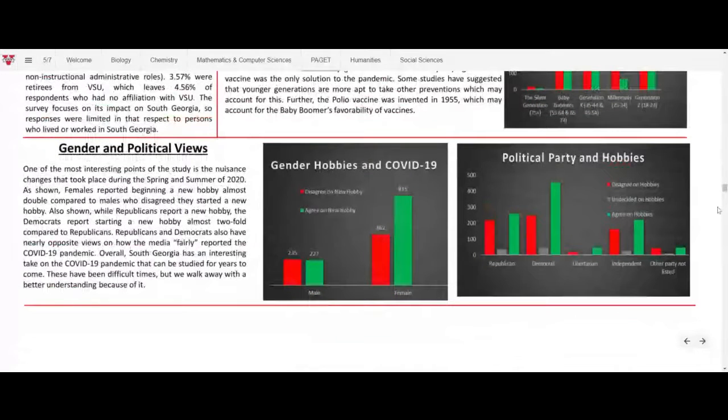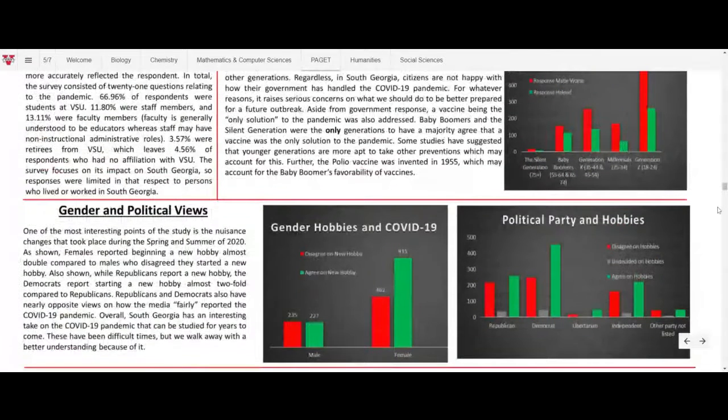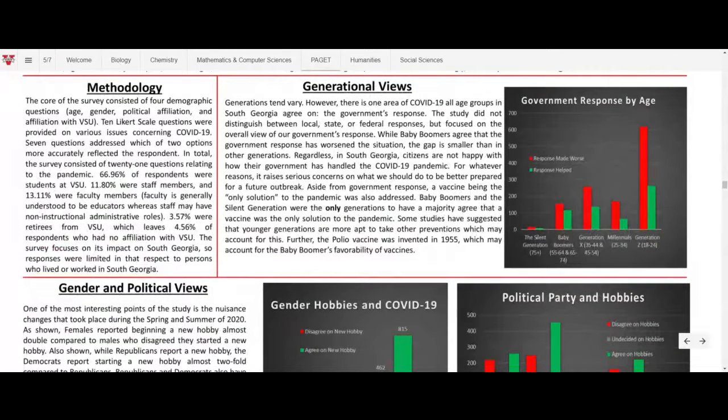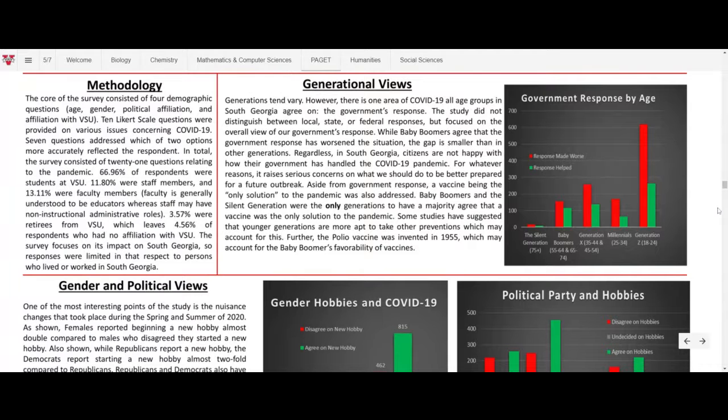And then there are a lot of areas that we agree on. For instance, I'm sure everybody remembers they started releasing a bunch of prisoners back in March and April of last year, and a lot of people, especially in South Georgia, didn't agree with that, and I think those are some interesting takeaways.